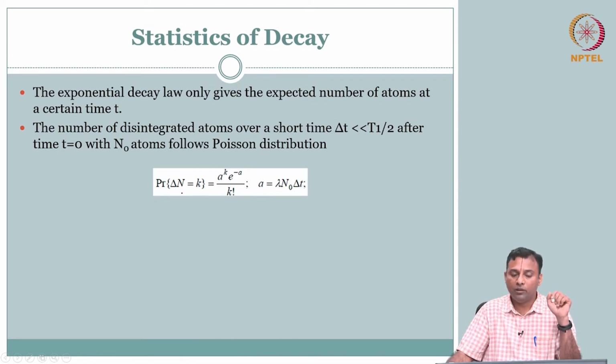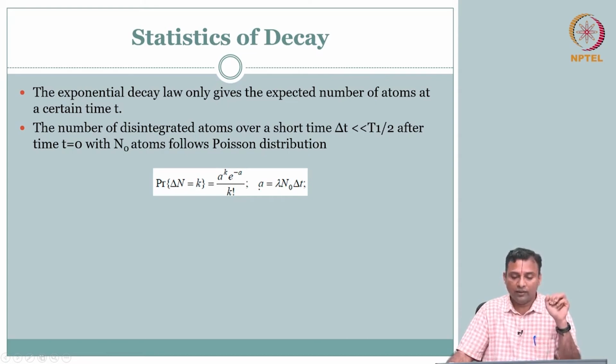What is the Poisson distribution? The probability of the number of atoms disintegrating equal to some k is a to the power k, e to the power minus a, divided by k factorial. So this a is your mean. What is the mean in this case? Every time I do the experiment I get the number of disintegrations.